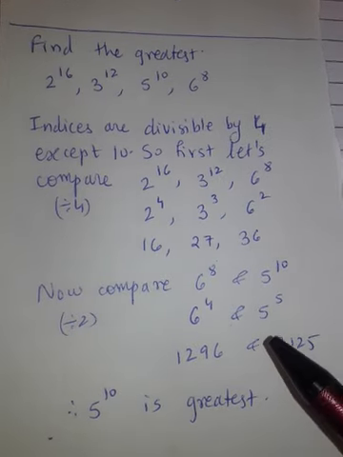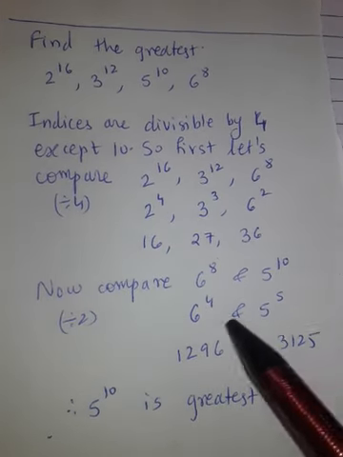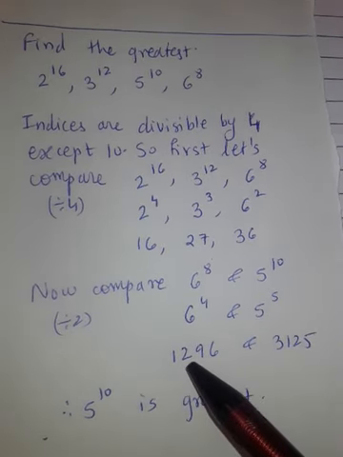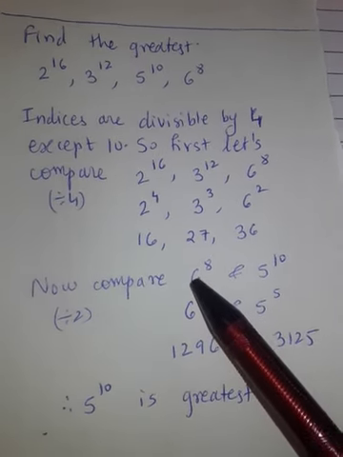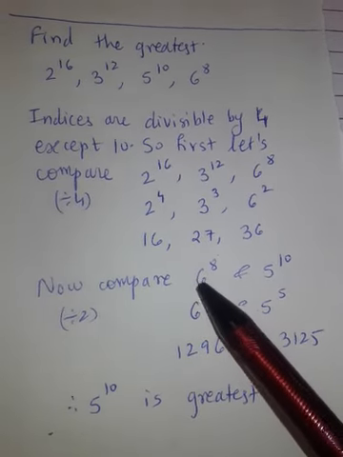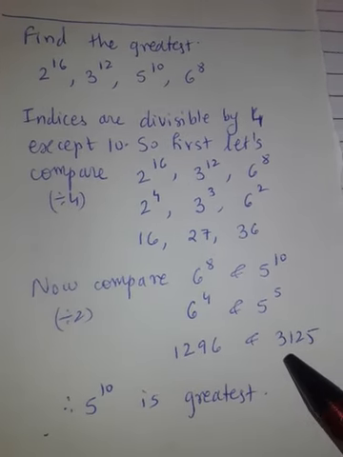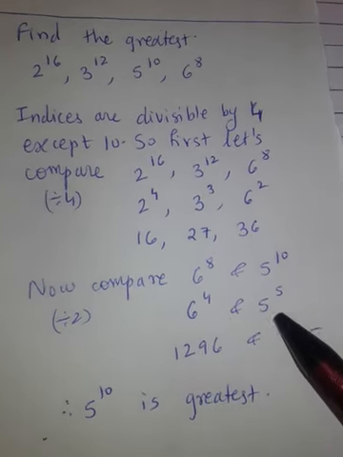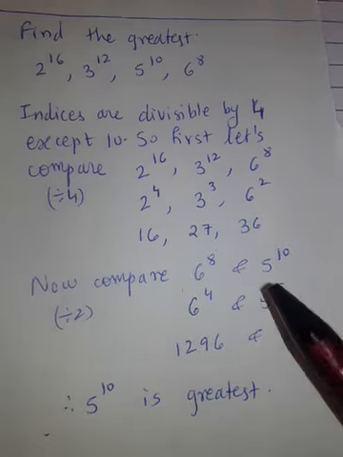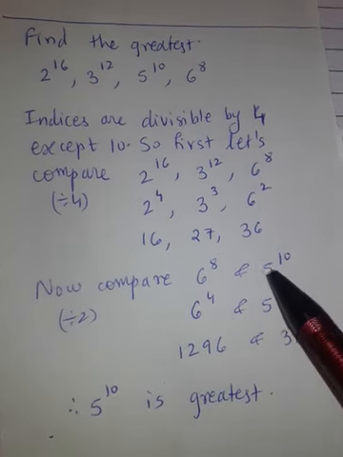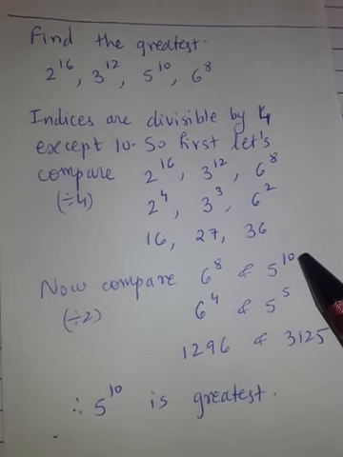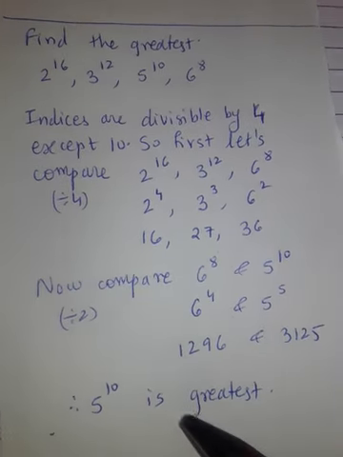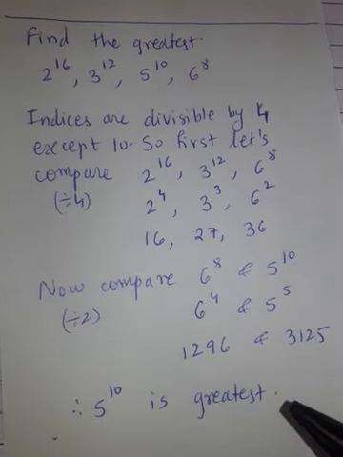Remember this, we are using these values just for comparison purposes. 1296 pertains to this number, and 3125 pertains to this number. Among these two, 3125 is the greatest. Hence, among these two, 5 raised to 10 is the greatest. That means among these four numbers, 5 raised to 10 is greatest.